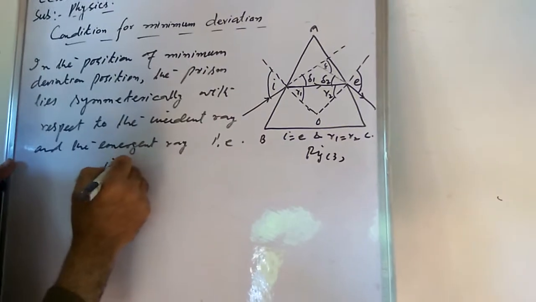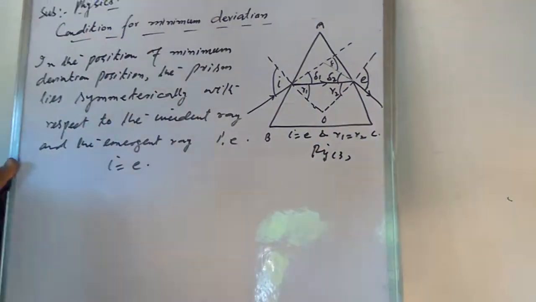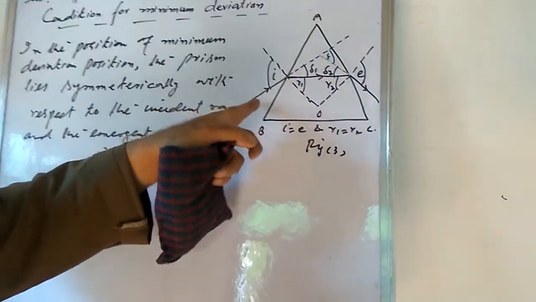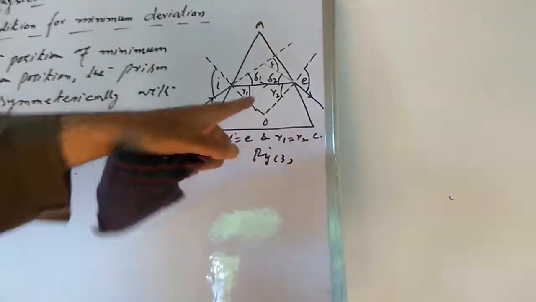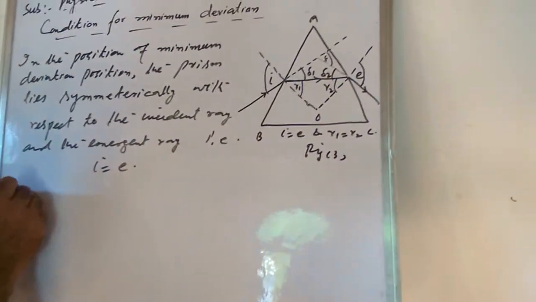That is I is equal to E. That means angle of emergence is equal to angle of incidence when the prism is in the minimum deviation position. Now we will prove this.